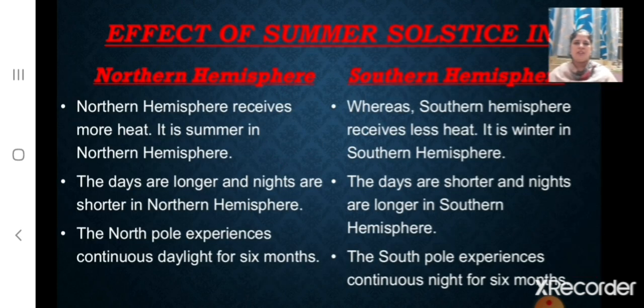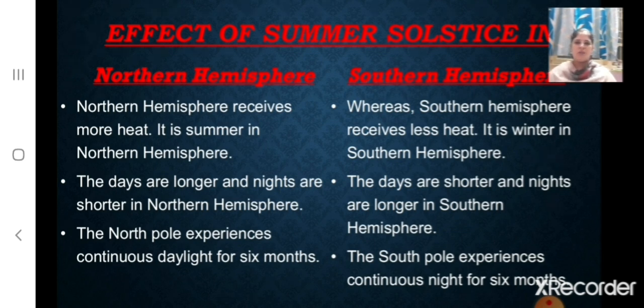So children, what is the effect of summer solstice in the northern hemisphere and southern hemisphere? The northern hemisphere receives more heat, so it is summer in the northern hemisphere. Whereas the southern hemisphere receives less heat, so it is winter in the southern hemisphere. The days are longer and nights are shorter in the northern hemisphere, whereas the days are shorter and nights are longer in the southern hemisphere.